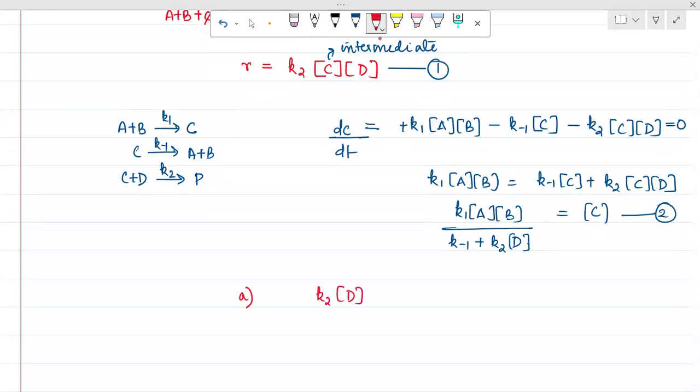And now I have to write the expression for C, which is K1 concentration of A into concentration of B divided by K inverse plus K2 into D. This is the expression for rate, considering C as the intermediate and using the method of approximation SSA. So we got that. Now what is the next sub-question?